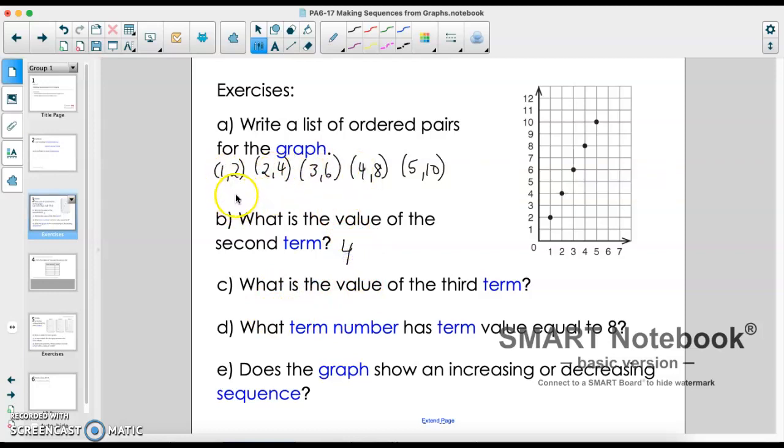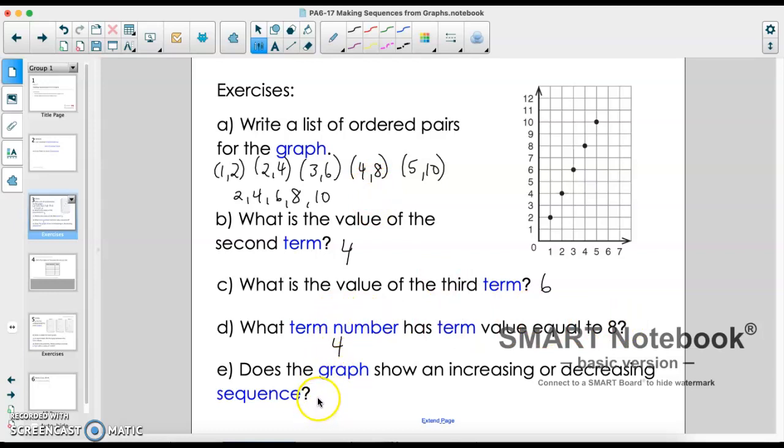My term values go 2, 4, 6, 8, 10. Then the next question is, what is the value of the third term? Well, the third term in my sequence, here's my third one. The term is 6. And then, what term number has the term value equal to 8? That would be right here. So I would say that that is 4.